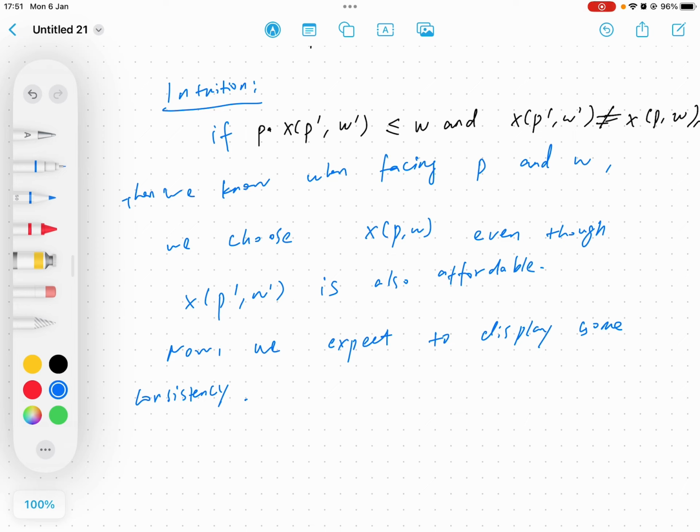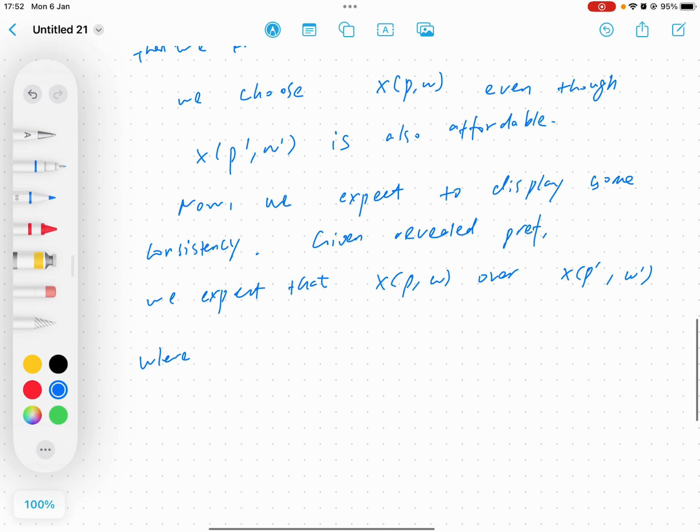Given the revealed preference, we expect that the consumer will choose x(p, w) over x(p', w') whenever both are affordable.